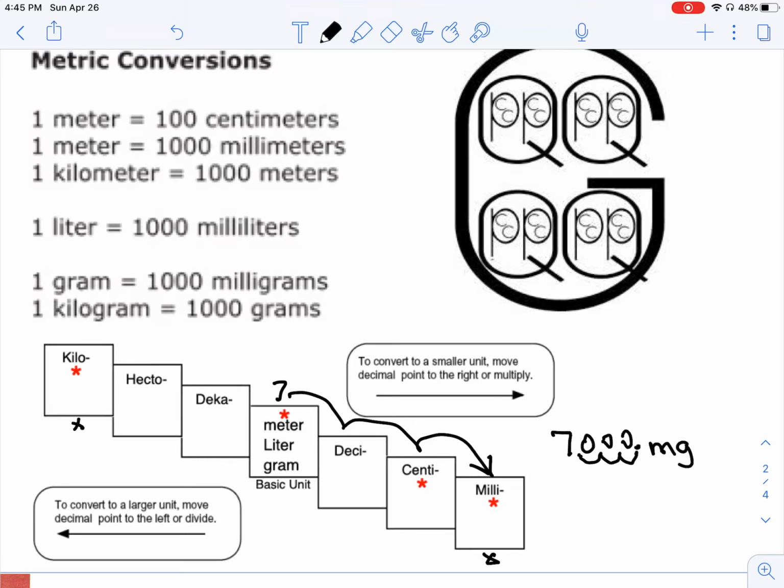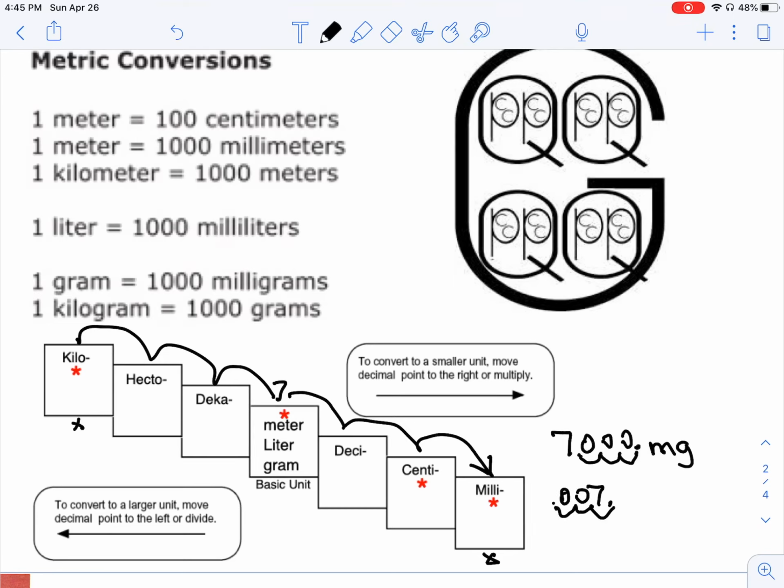Now, turning it to kilograms, it's going to go the other way. 1, 2, 3. So 3 to the left. I start here at 7. I move my decimal place 1, 2. Oops, we'll try that again. 1, 2, 3.